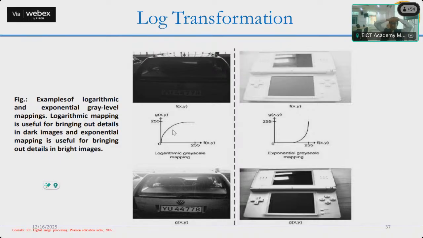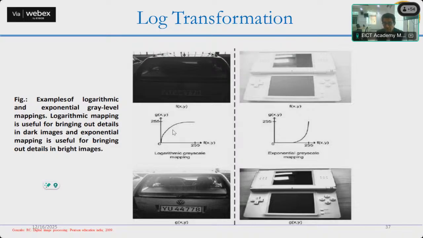What do you mean the value has been increasing? It means basically the intensity of the pixels is shifted from the dark or less dark to colored.